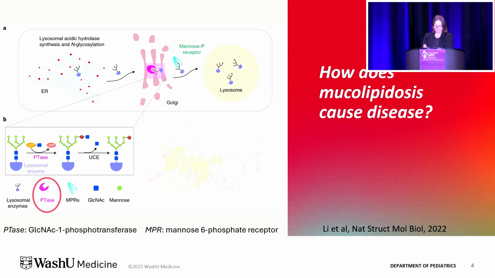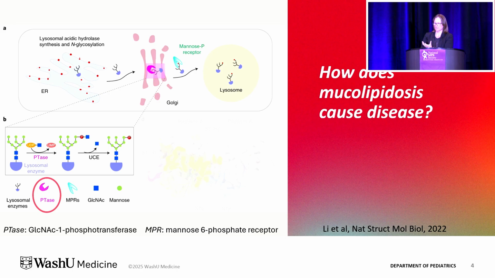The mannose-6-phosphate on our protein residues binds to a receptor called the mannose-6-phosphate receptor, which allows those proteins to go into the lysosome where they work to break down the materials that the lysosome needs to ingest.